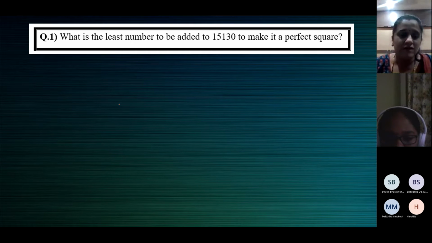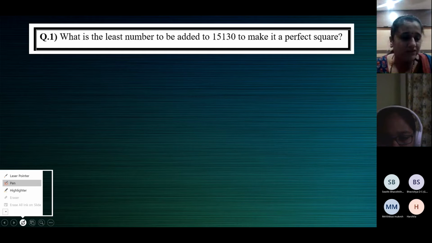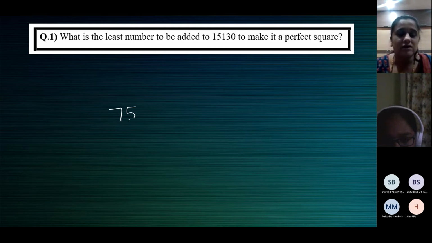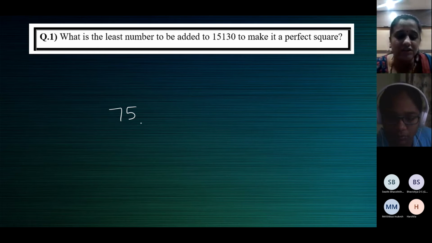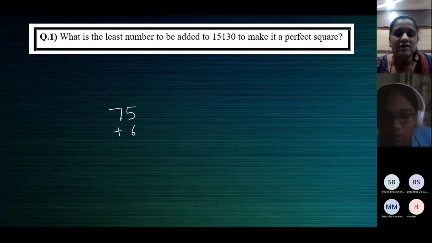Now, for example, 75 is not a perfect square. So the smallest number to be added to 75 to make it a perfect square is 6, because the perfect square that follows 75 is 81.